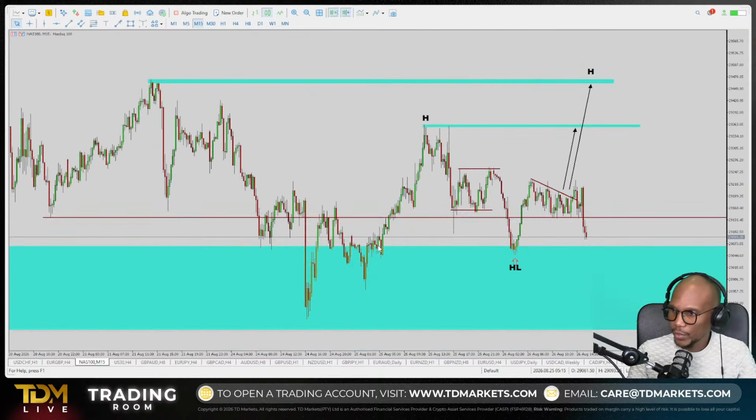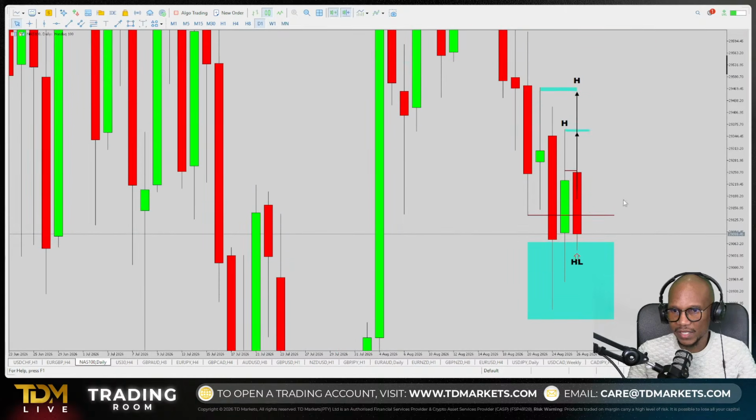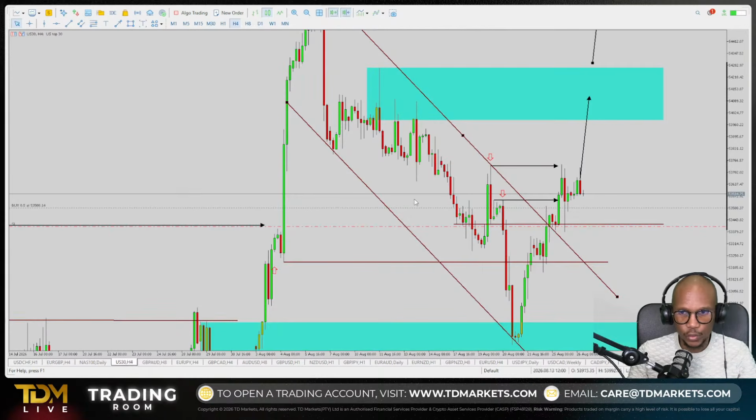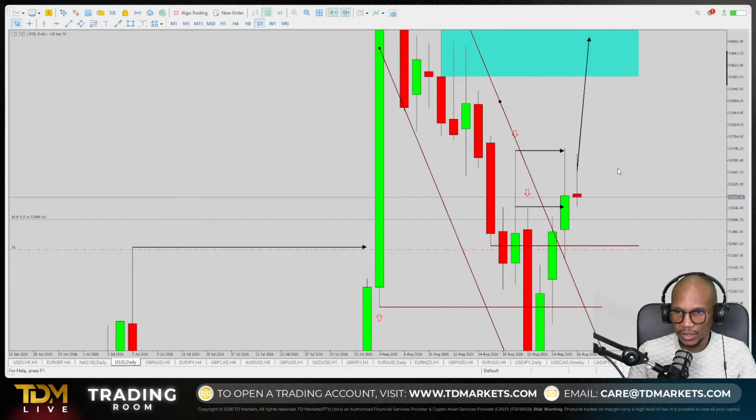With Nasdaq, we need to give it a bit of time. Let's give it this whole day and see how this daily candle is going to close. US 30 as well is not moving, it's still in the same area. So just manage your trade, and let's see how it closes.